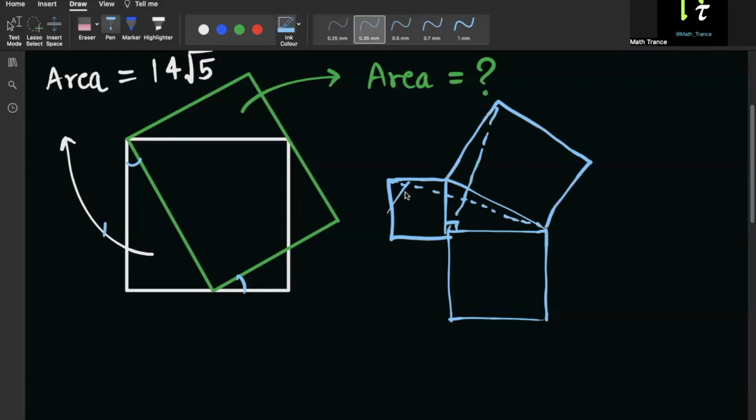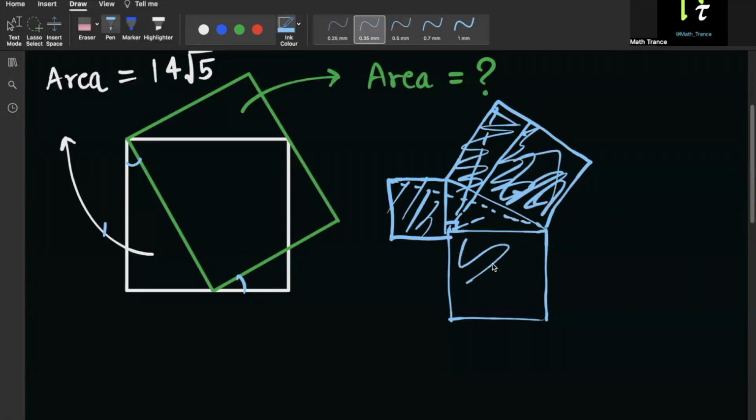Then you prove that this area is equal to this area, if you draw a parallel line. Similarly, you prove that this triangle is congruent to this triangle, and therefore this area is equal to the whole area of the square.